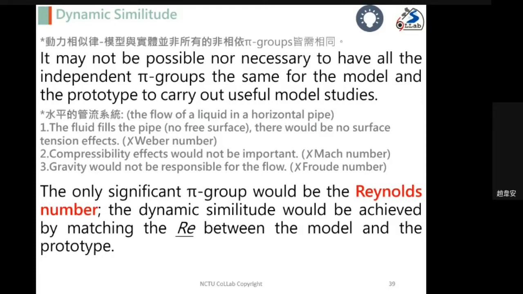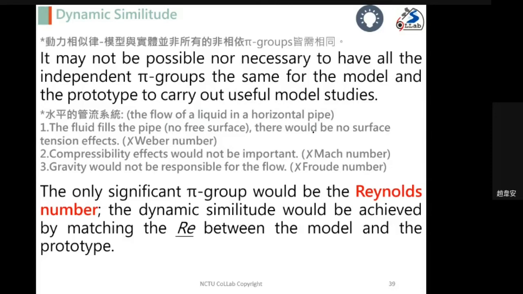So here I just highlight one problem we always meet, which is piping flow, and we assume the pipe is a horizontal pipe. So we can discuss the following points. The first one is that the fluid fills the pipe, so there is no free surface.